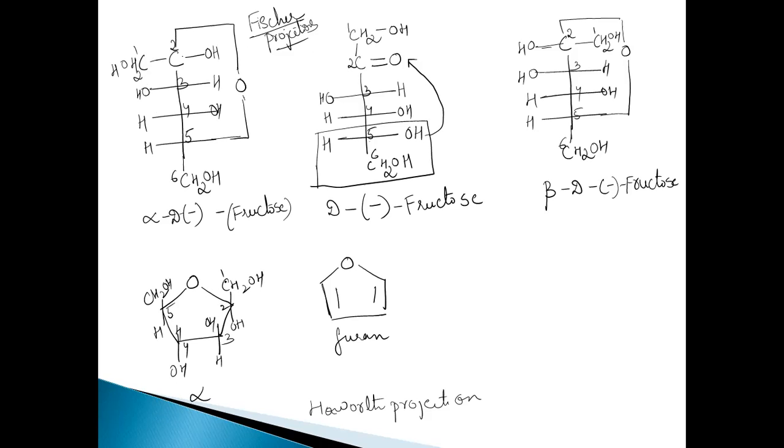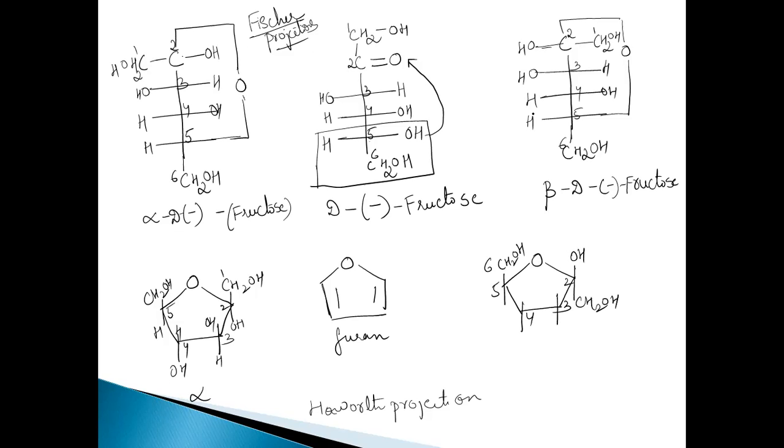So, how do you write the beta form? Beta form also, just reverse the configuration at the second carbon atom. So write the furanose structure with a 5-membered ring with oxygen. The second, third, fourth, fifth, and sixth carbon atom will be CH2OH. The first one is OH and CH2OH. Left, right, up, below.